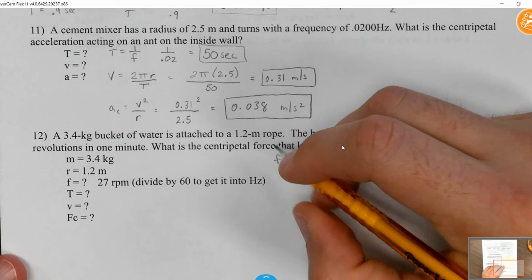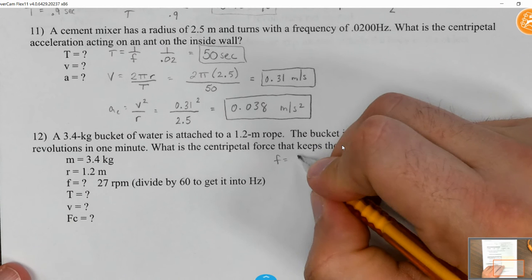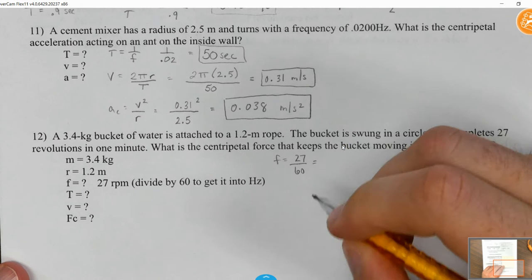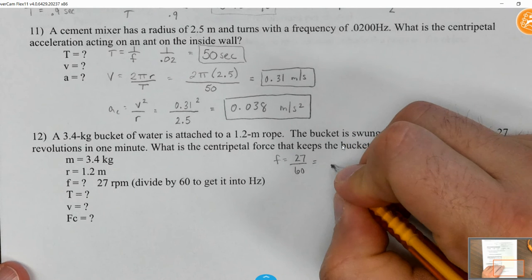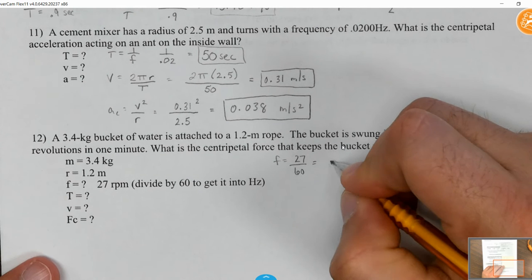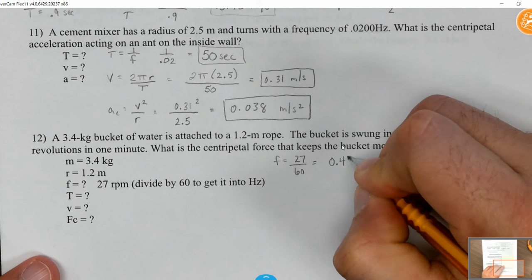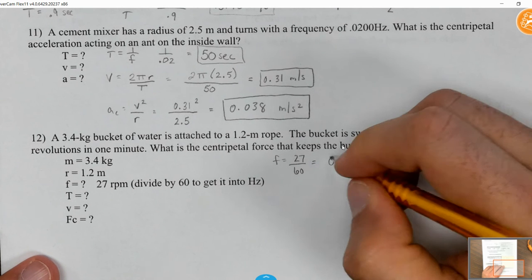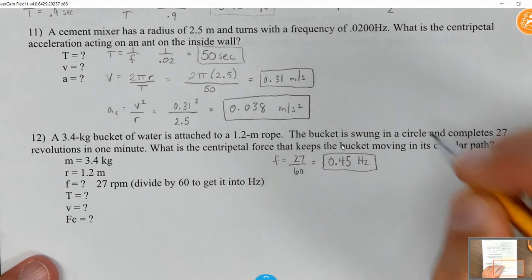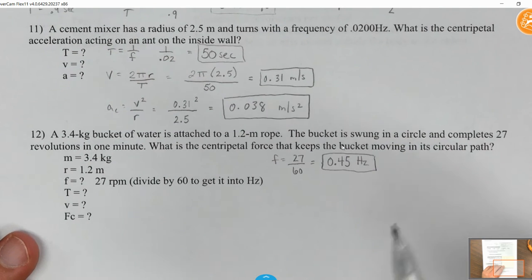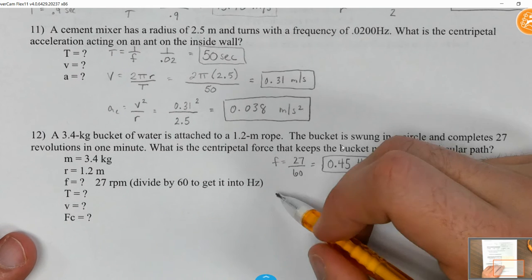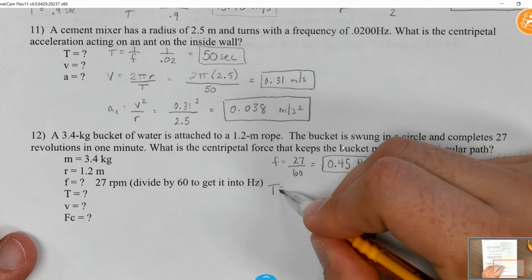So frequency is actually going to wind up being 27 over 60, which is exactly 0.45 hertz. Okay, so we have frequency. Once you have frequency, you can solve for period because they're the inverses of one another.